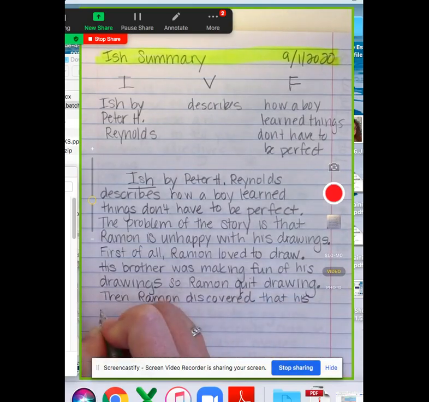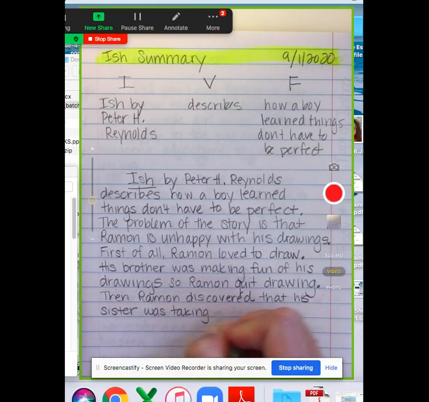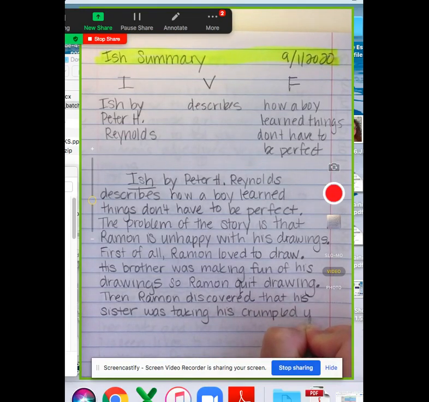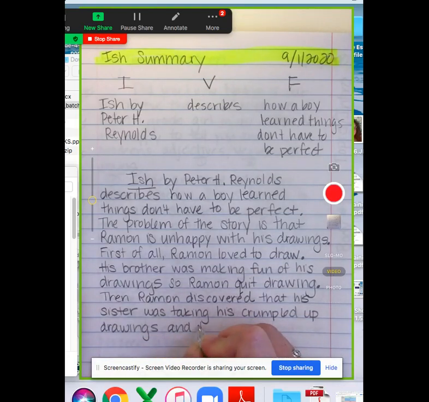Yeah, so his sister was taking his crumpled up drawings, and Mason said that she really liked them. Thank you, Mason.